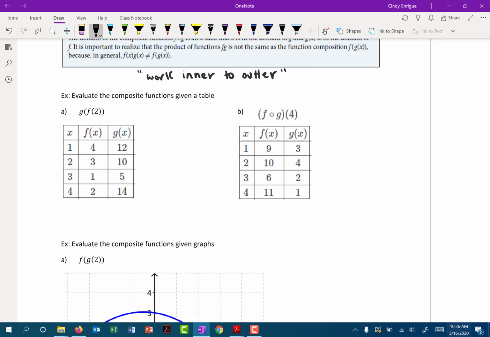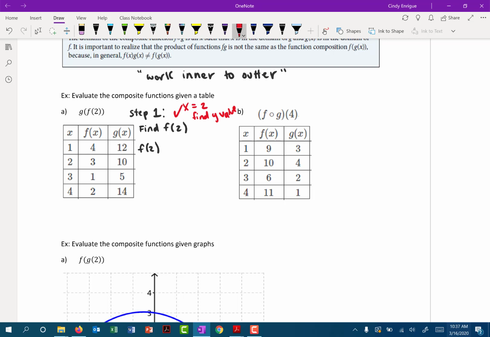Okay. So step 1. Find f of 2. So we say that f of 2, remember this is particularly saying that our x value is equal to 2 and we need to find the y value.